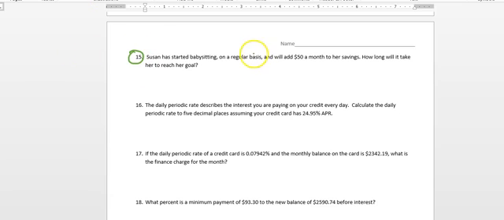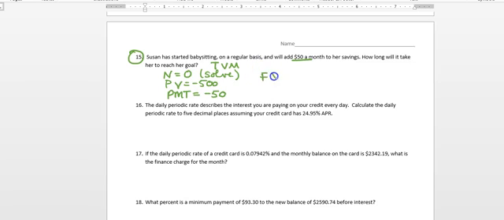Problem 15, it says that she's willing to add $50 a month into her savings account. Here's where you should use your TVM calculator. In this case, n would equal 0 because this is what you want to solve for. PV would be equal to negative 500 because that's the initial amount she's putting into the bank. She's going to make payments of $50, so that's negative 50.